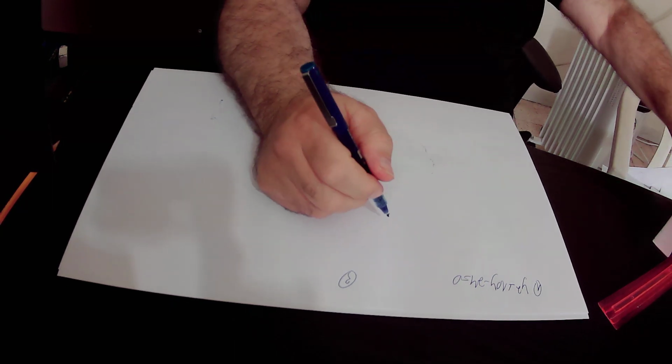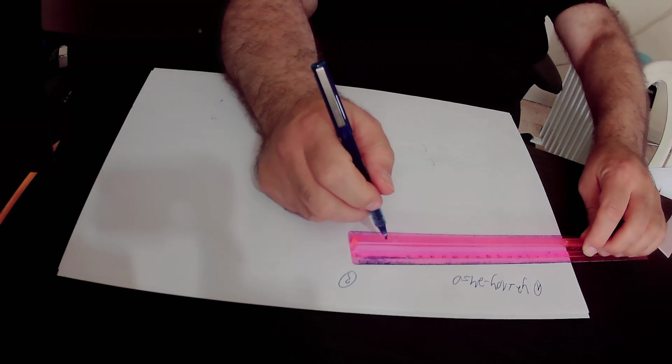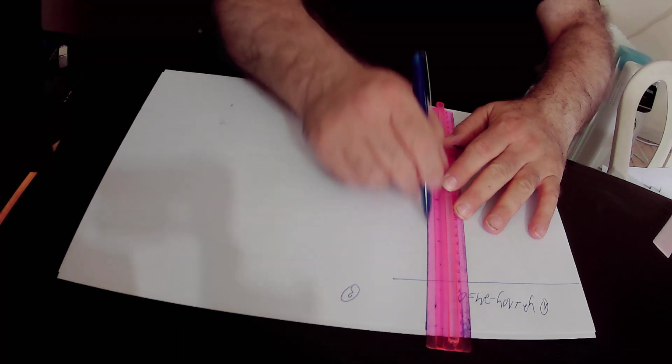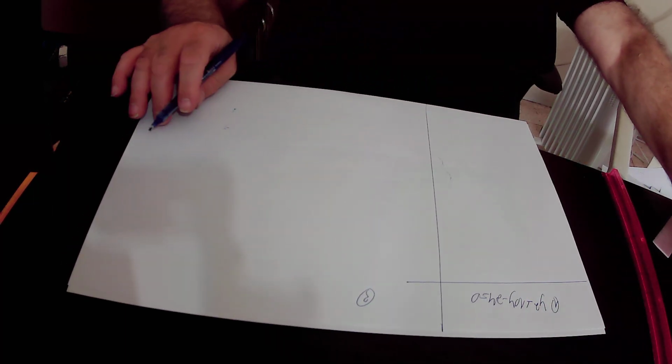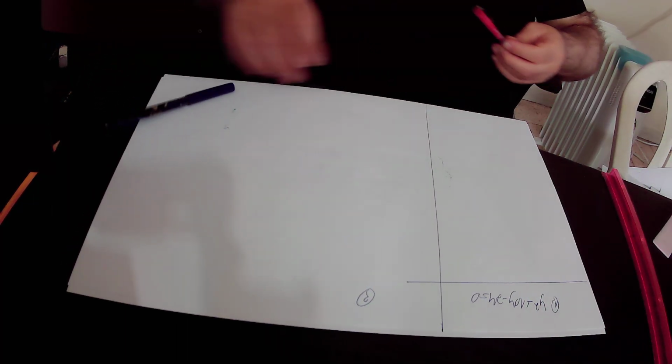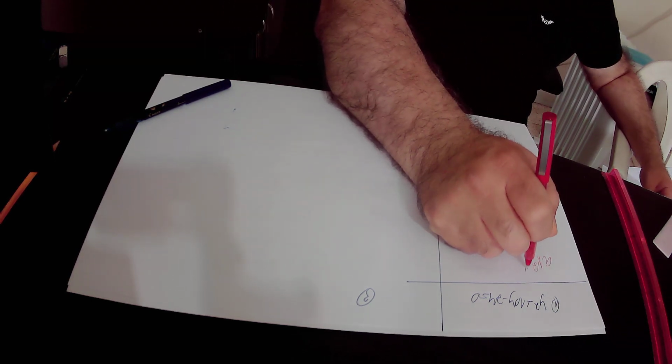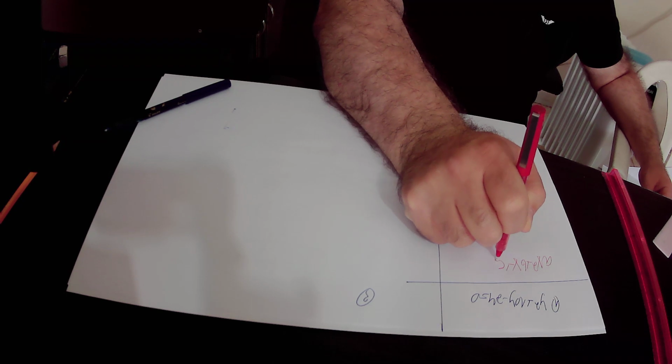So here we have a quadratic equation. The general form of a quadratic equation is ax squared plus bx plus c equals 0.